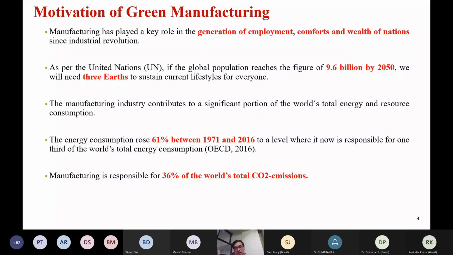You should think about what changes should be made to conventional manufacturing so that these can be addressed. Because we know we have only a single Mother Earth. We cannot increase the natural resources. We just have to think about how we can manage available resources so that sustainability can be achieved. So these are the things which motivate thinking towards green manufacturing.